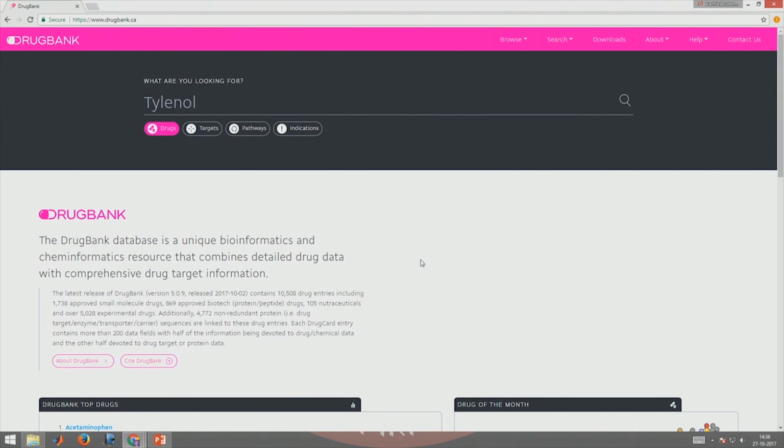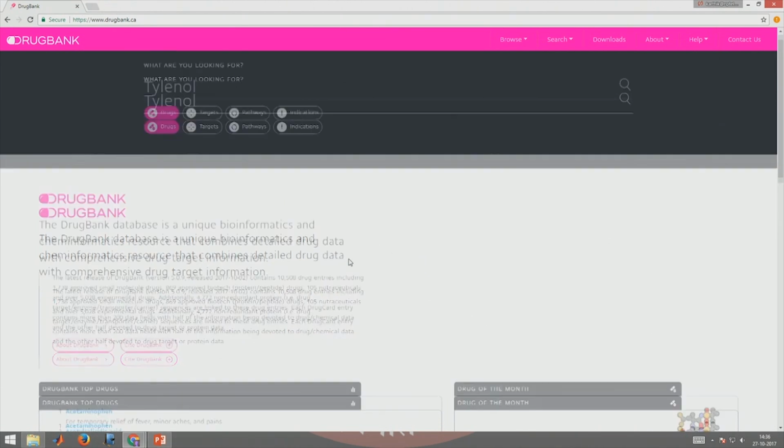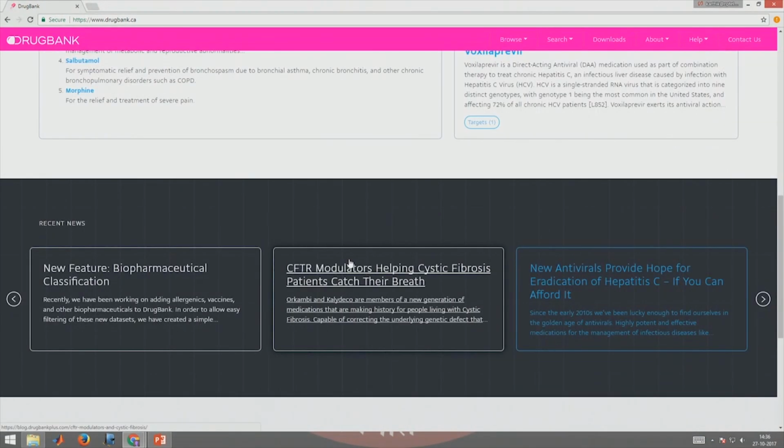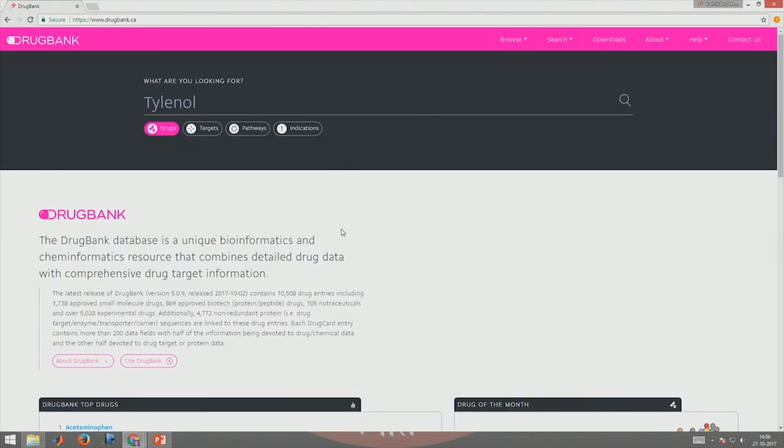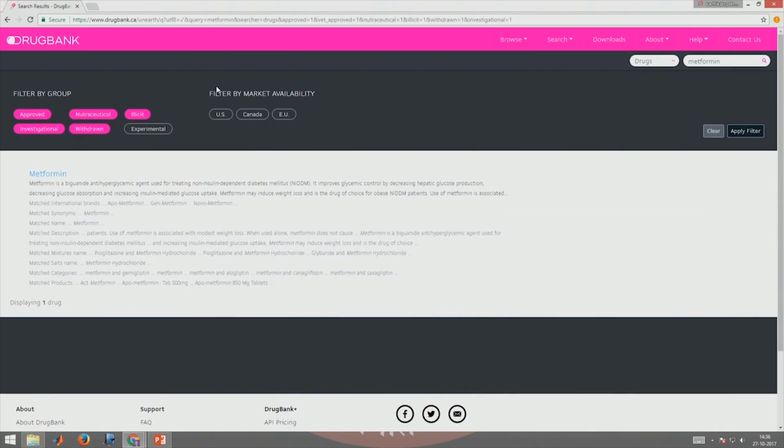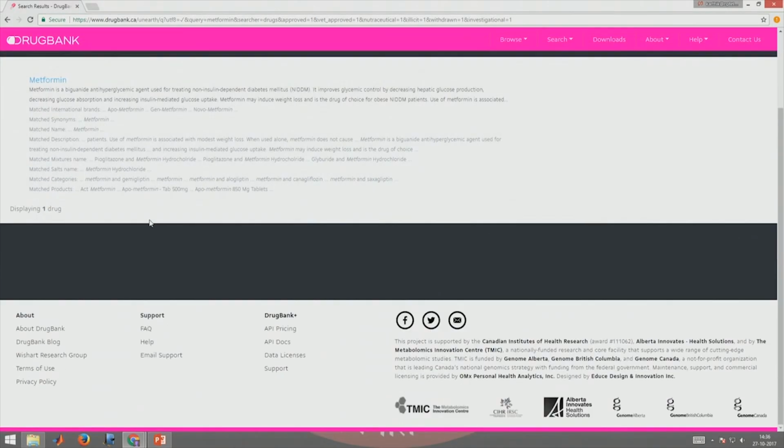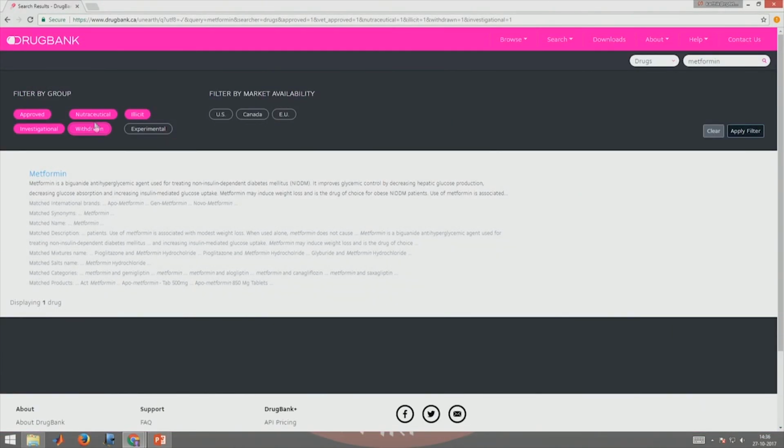So this is a very useful database we can use for our study if you want to identify some new drugs. Okay. So we can say again metformin. We can search for metformin. Metformin is a biguanide. So it gives you all the details about this particular drug.